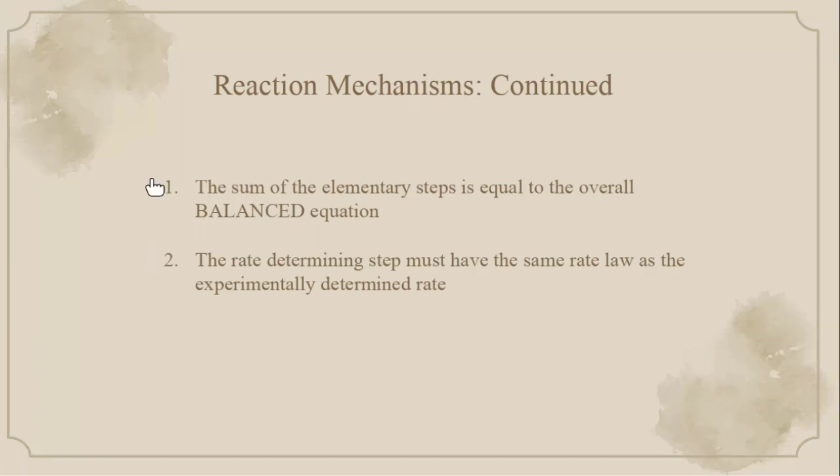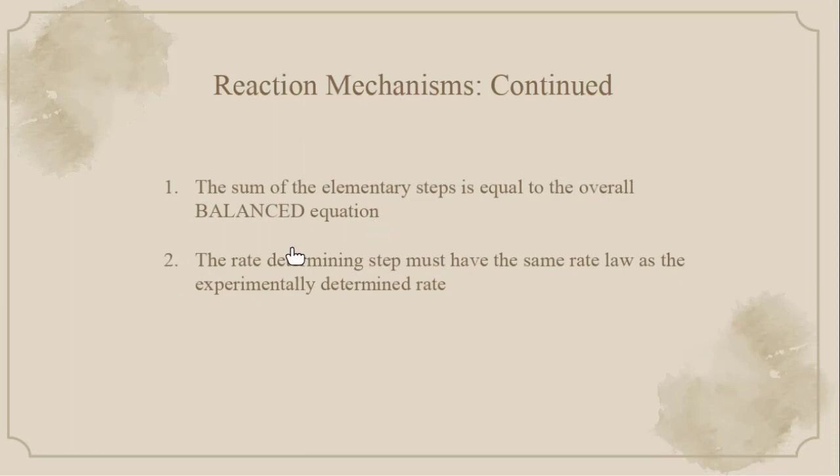So when we are checking the reaction mechanism we come up with, we have to keep in mind that the sum of the elementary steps has to be equal to the overall balanced equation. So even if all the compounds are the same, but it won't balance in the same amount, then you have to look back at your reaction mechanism. So there has to be something wrong there.